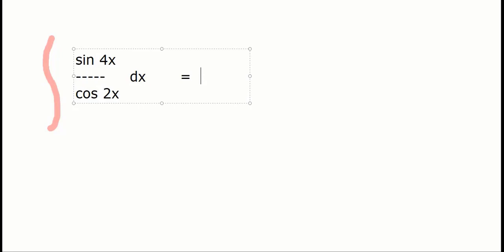You are right. Correct. Shall we move on? Everybody knows this. Minus cos 2x plus c will be your final answer. Too easy.